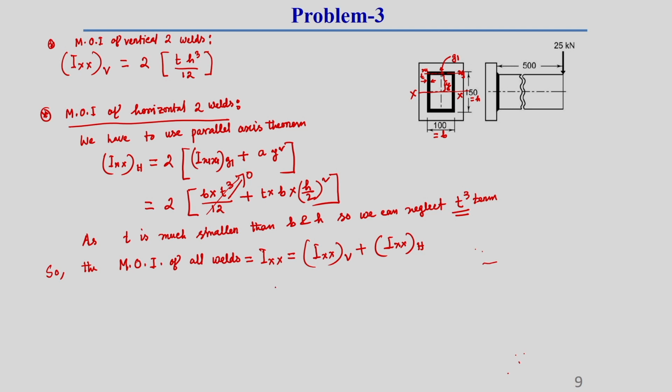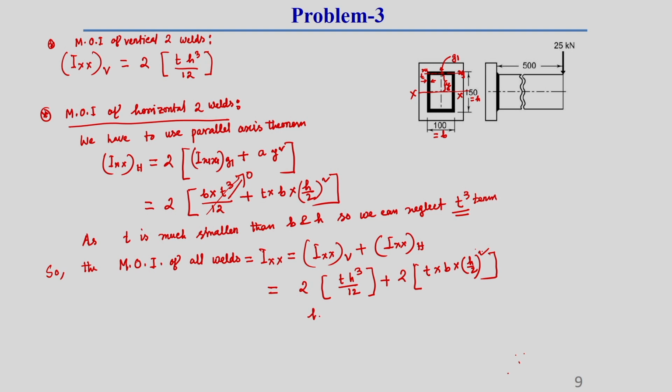So, what will be the moment of inertia we can get? Moment of inertia equal to 2 t h cube divided by 12 plus 2 into t into b into h by 2 whole square, correct, because we neglect the t cube term.